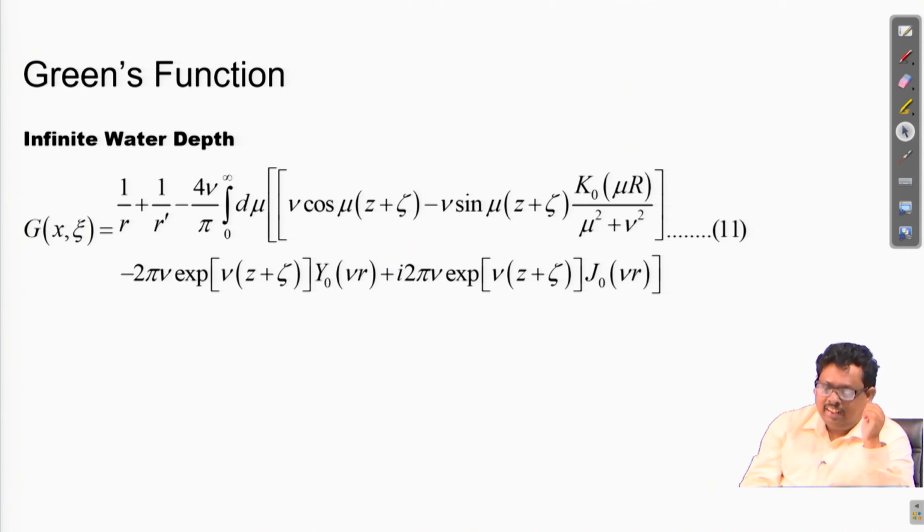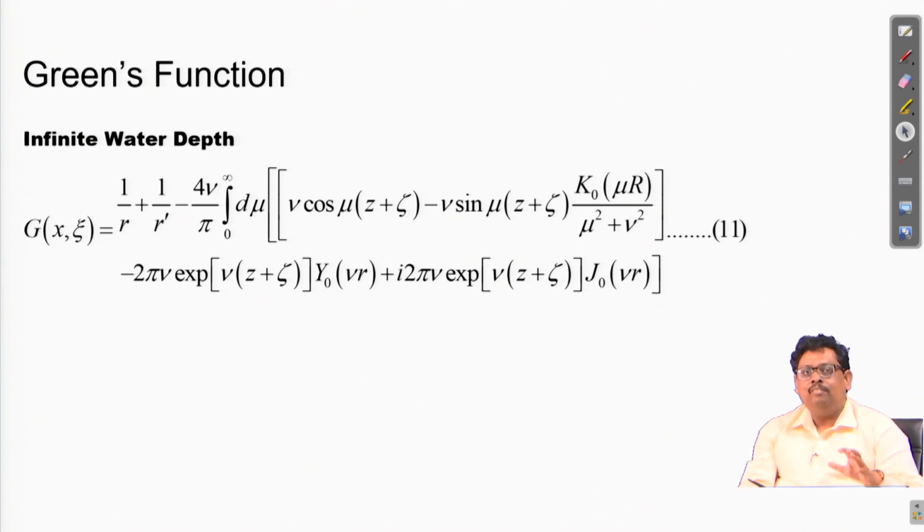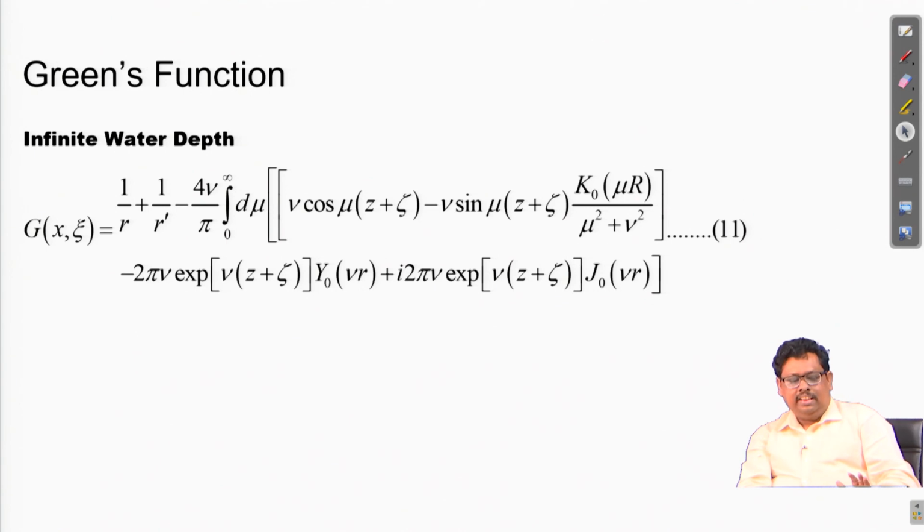And on top of that, the integration limit is infinity, and you also have all these Bessel functions, first kind, second kind, modified Bessel function, and all of these functions are also infinite series, as you know. So now you can see the complexity of this particular thing.